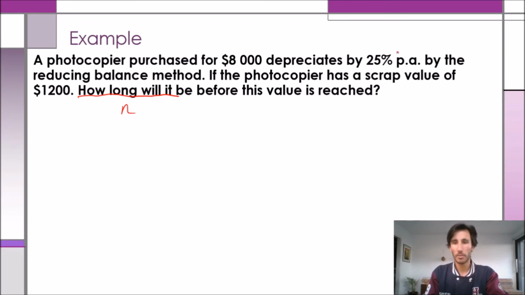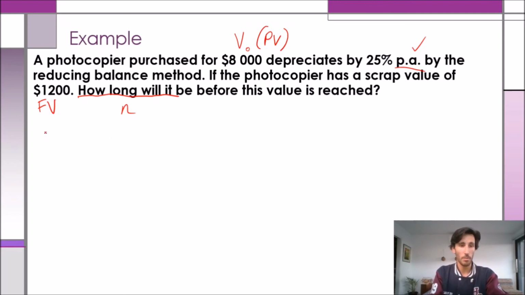We've got 25% per annum, so per annum's good. We don't need to worry about changing this 25% to anything else. We'll be getting an answer in years. This is V0, our present value, and this is our future value, how much it's going to be worth at the end.